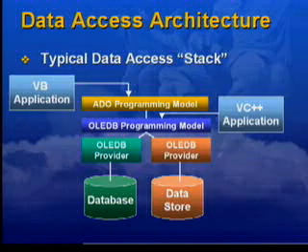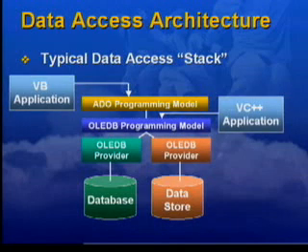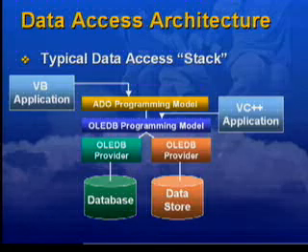There's a bunch of OLEDB providers, and what this really provides is that application people can write to a standard interface. The Visual Basic people typically would write to ADO. The VC people would typically write to OLEDB, and then they have a nice abstraction layer off the actual data store. This provides a nice model. You can go to multiple different data stores easily. You don't have to worry about the exact data store you'll be going to when you're actually writing your program.